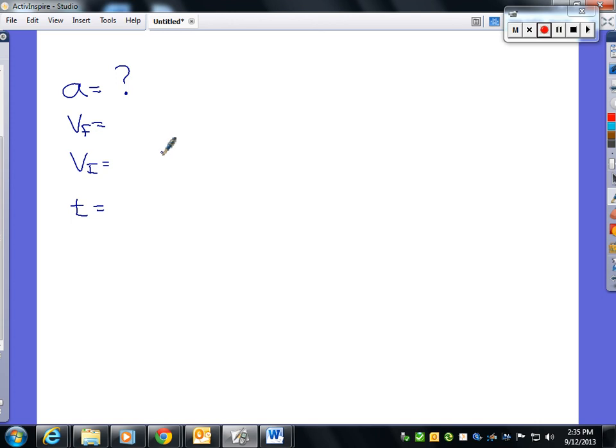We'll do a negative acceleration in this example. So the final velocity is actually going to be slower than the initial velocity. So assume a car came to rest. The final velocity is 0 meters per second. The initial velocity was 10 meters per second, and they did that in 2 seconds.